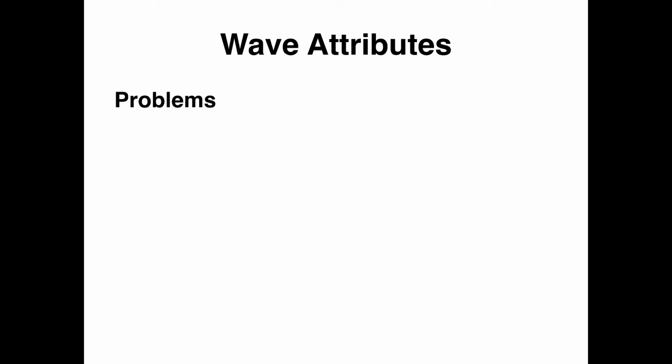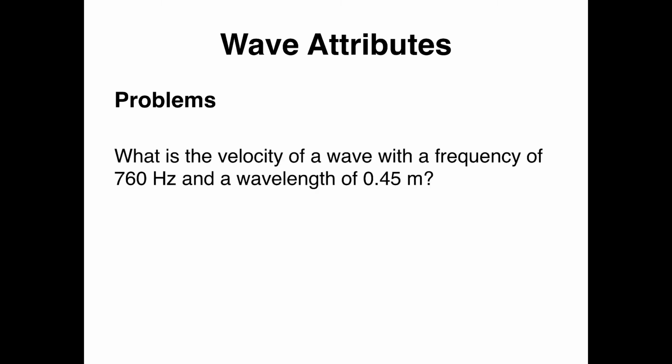So let's take a look at a couple of problems of this wave equation. They're pretty straightforward. The first problem says, what is the velocity of a wave with a frequency of 760 hertz and a wavelength of 0.45 meters? Get out a piece of paper and get an answer for this, and then we'll go over it.